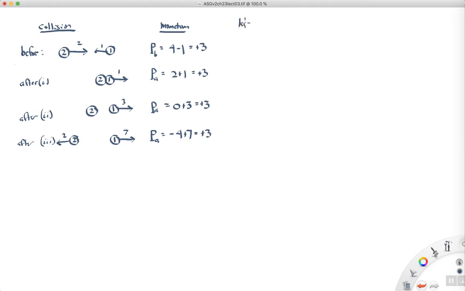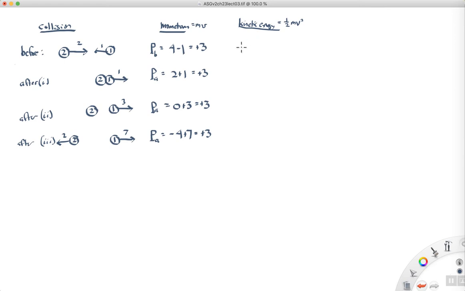The kinetic energy, or the energy of motion of an object, is equal to, if the momentum is mass times velocity, the kinetic energy is 1/2 the mass times the velocity squared.